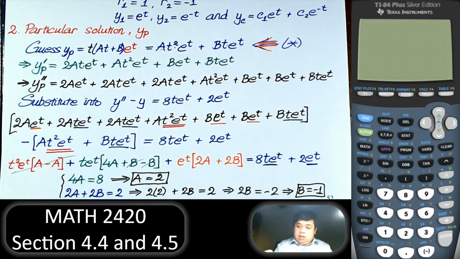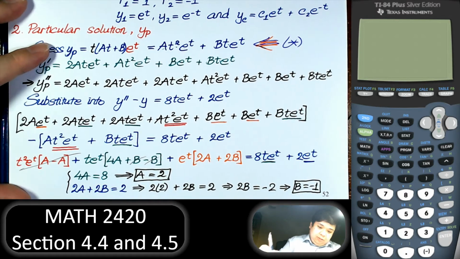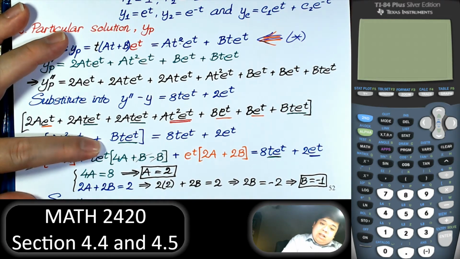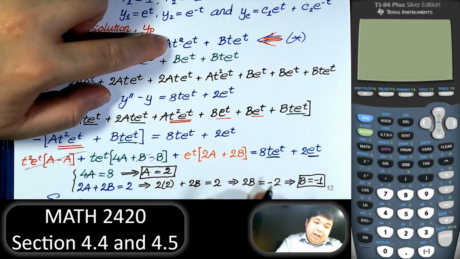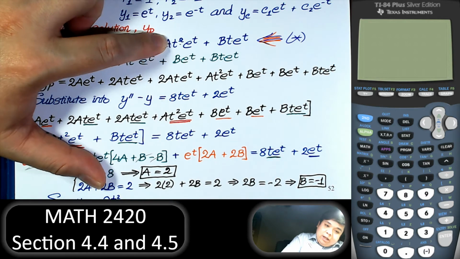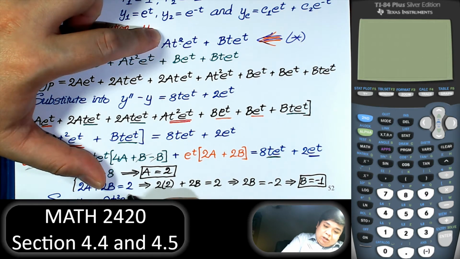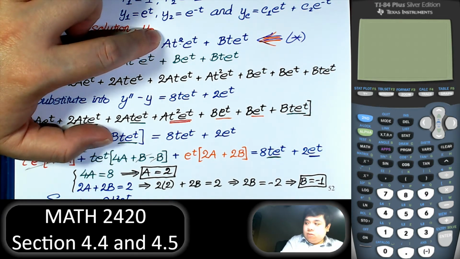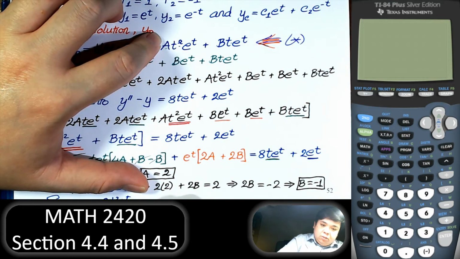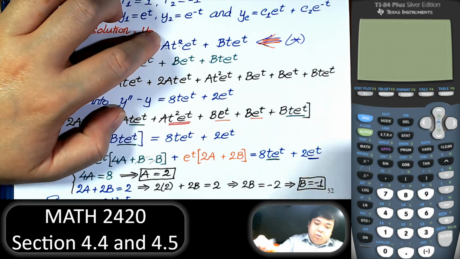So the particular solution is a, which is 2, t squared e to the t plus b, which is negative 1.